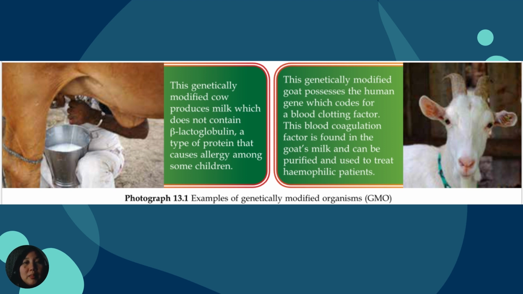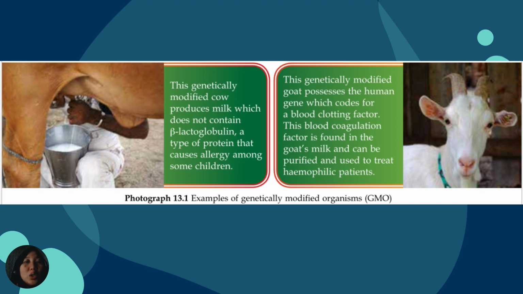The next example of a genetically modified organism is the goat. This genetically modified goat possesses the human gene for a blood clotting factor.